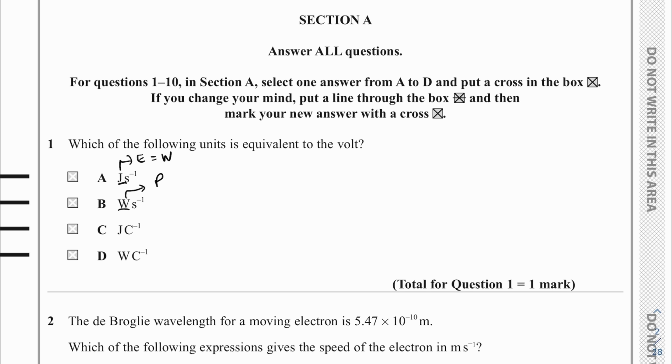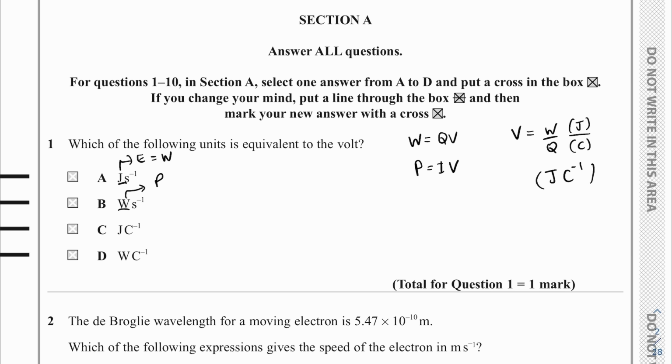So the equations we have relating volt to power and to work are W equals QV, P equals IV. To find V, we need to do what? V equals W over Q. So the unit for this would be J over C, which is joules per coulomb, J C^-1.